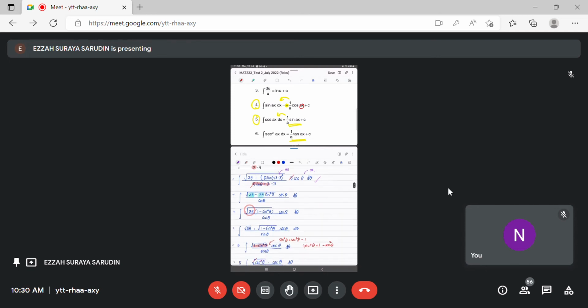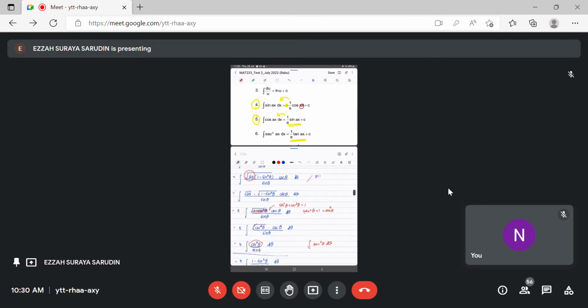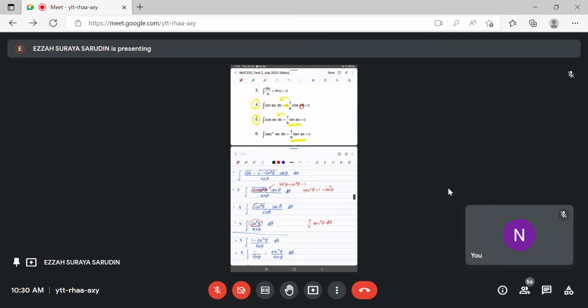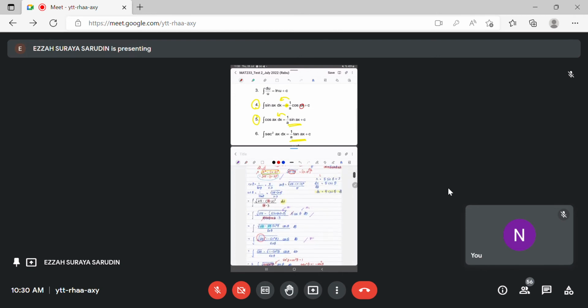Okay, so the next one, bila kita applykan identity. Here, you will get another mark. Okay, and then, kita apply the identity, we simplify until you get this one. You will get another 1 mark. So dah dapat 1, 2, 3, 4 markah.